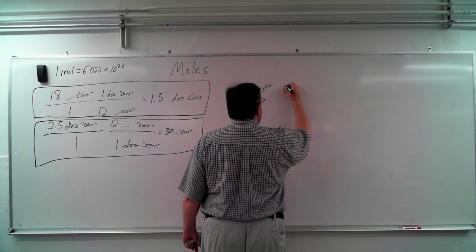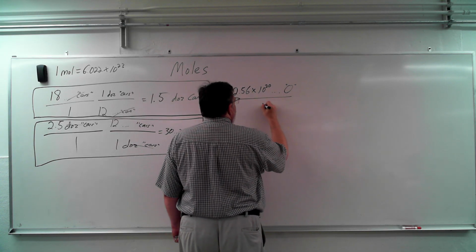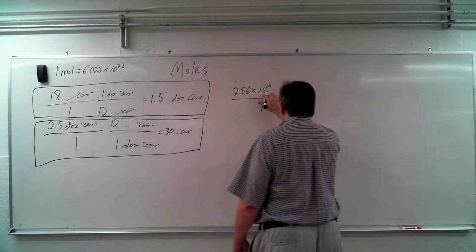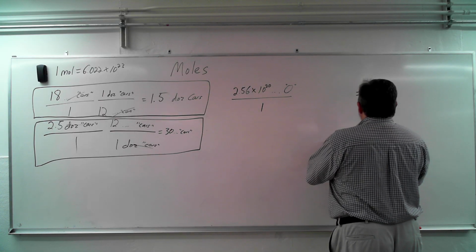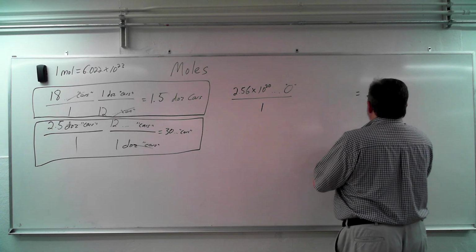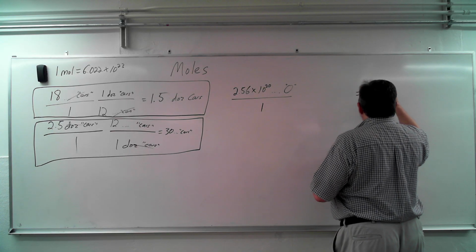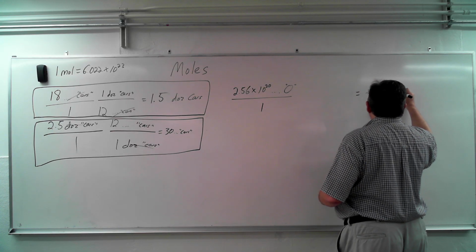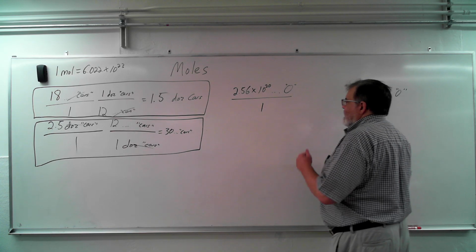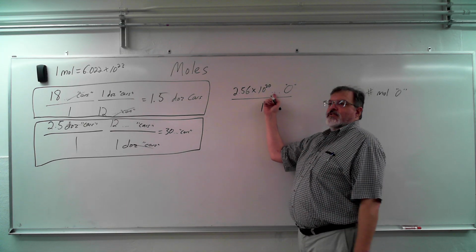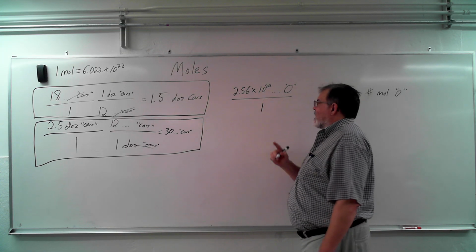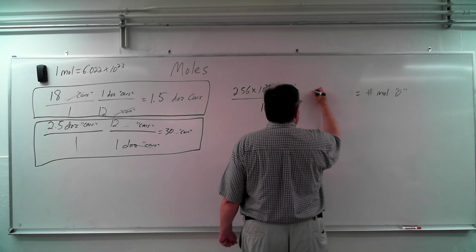I'll just say O. A question would say something like, I have this many oxygen atoms. And you'll notice when you read the sentence, there's no unit. So that clues you in.